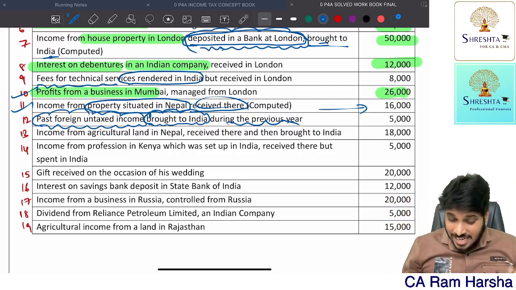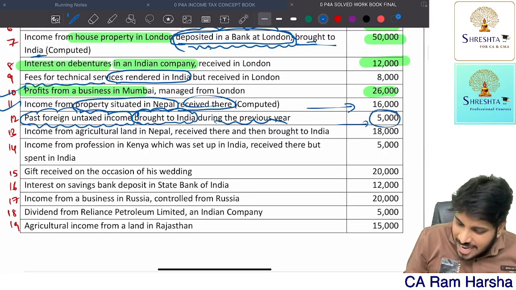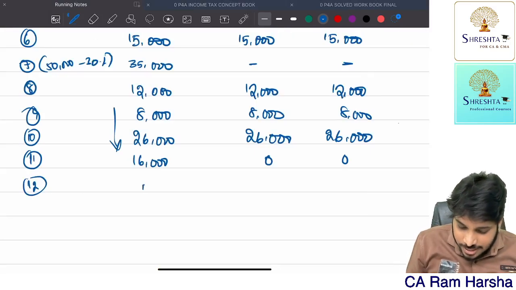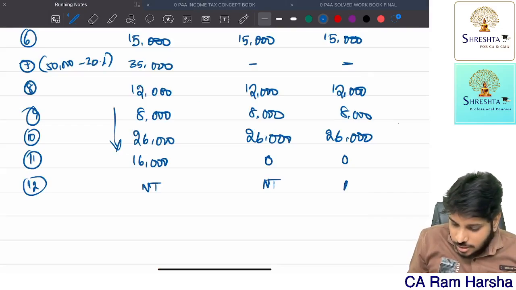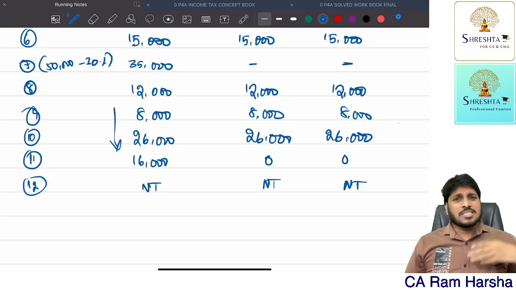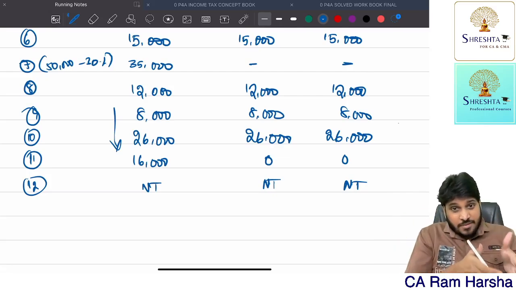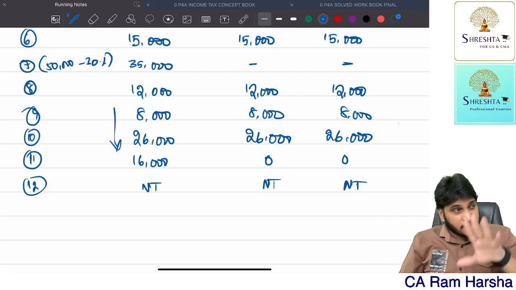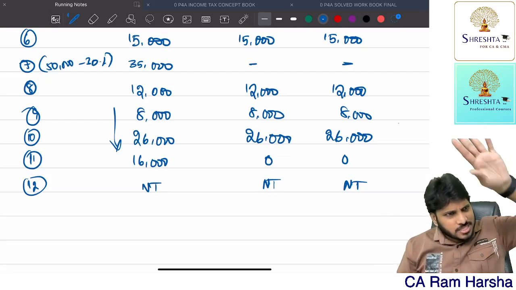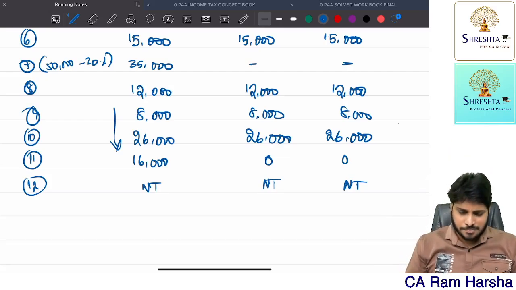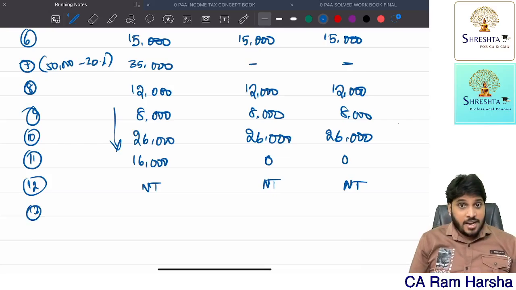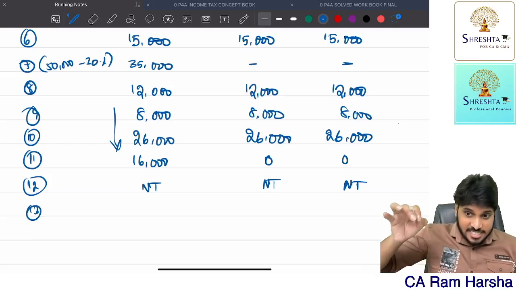So resultantly, it is not taxable for anybody. Because it's a past income. This is not current year income. This is not assessment year 23-24, previous year 22-23. It is past year income. Past year income is taxable in that year only, generally. But in India, there is no provision for taxing that type of income.